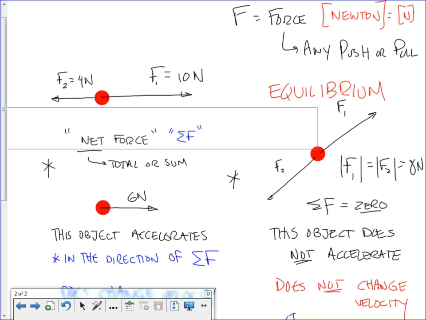We call it equilibrium. Equilibrium means net force equals zero. Equilibrium means that objects don't accelerate. Equilibrium means that objects don't change velocity. We're going to build a lot on each of these ideas. Objects that are in equilibrium and objects that accelerate. Those are opposite cases.